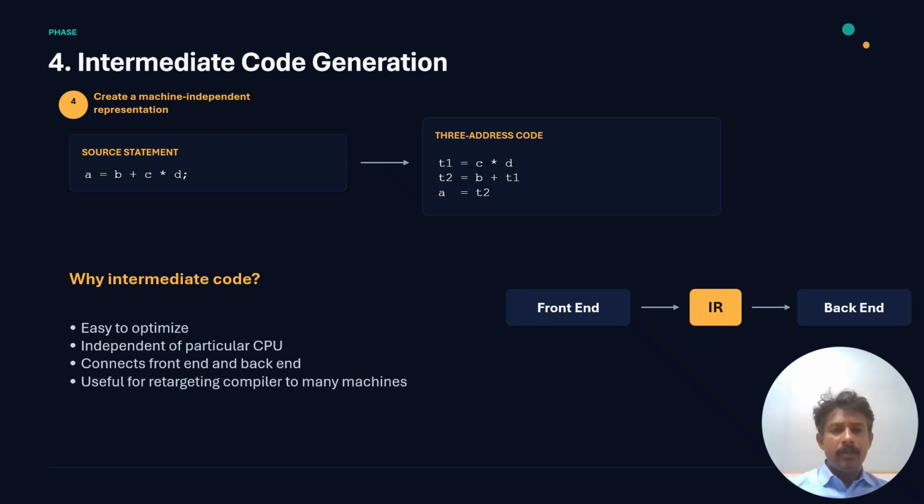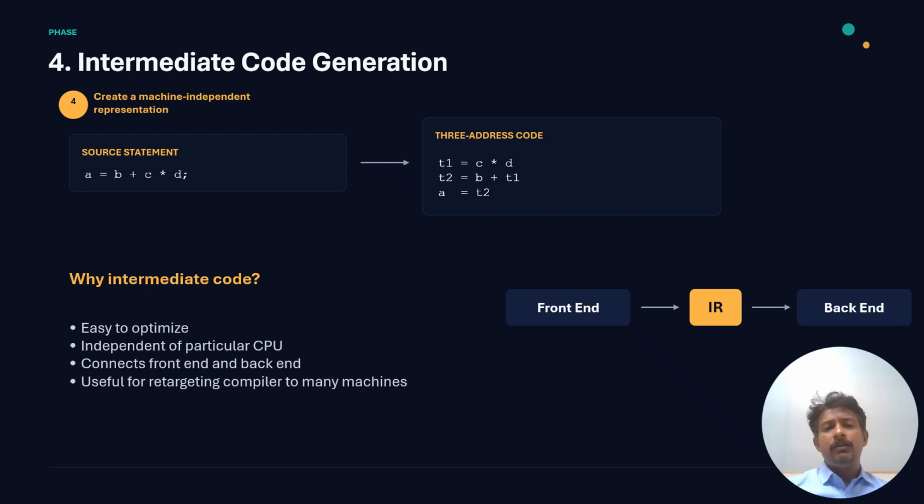One common intermediate code format is three address code. Let us take the example: A equal to B plus C into D. The compiler may convert it like this. First, T1 equal to C into D. Second, T2 equal to B plus T1. Third, A equal to T2.